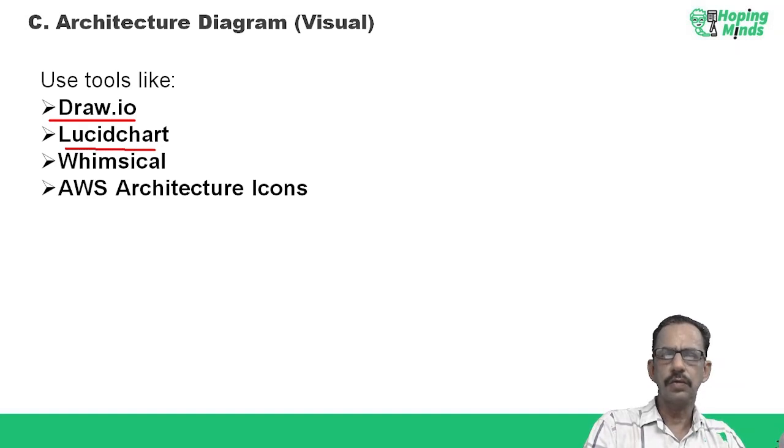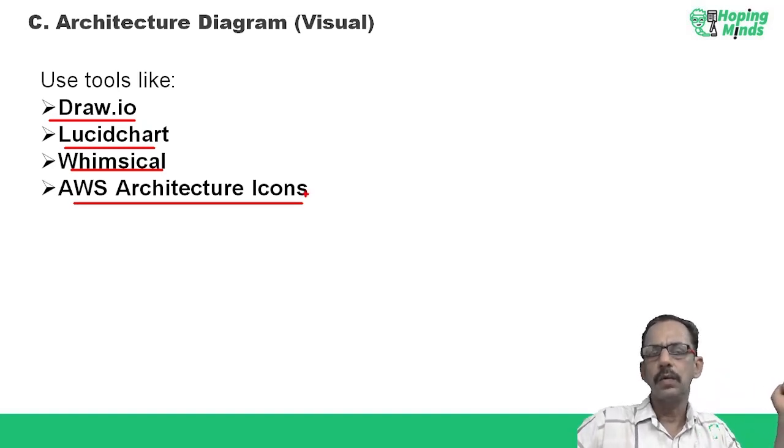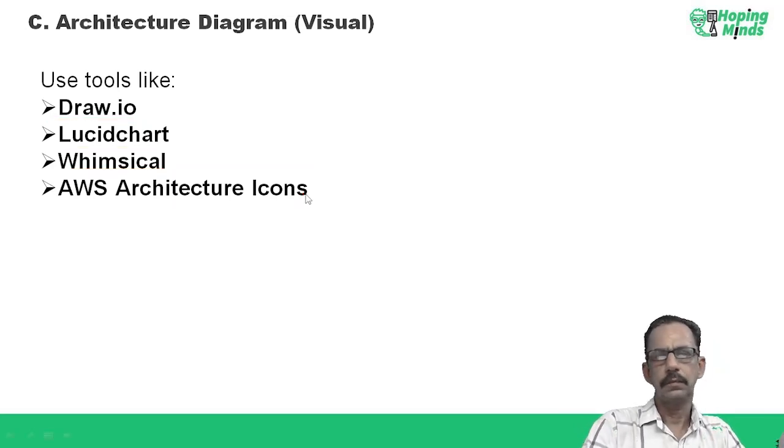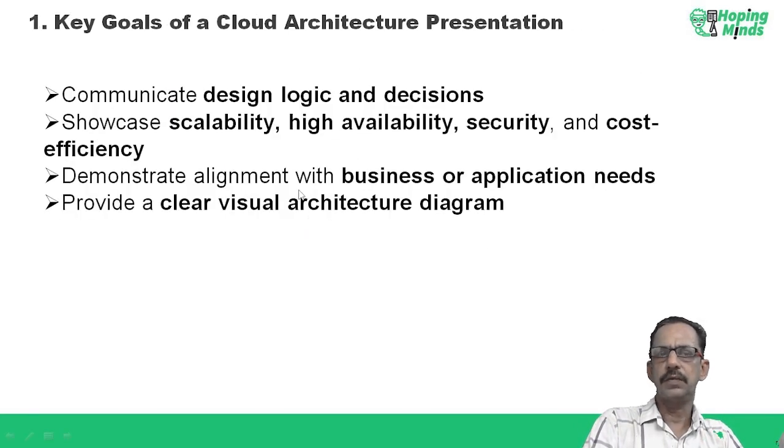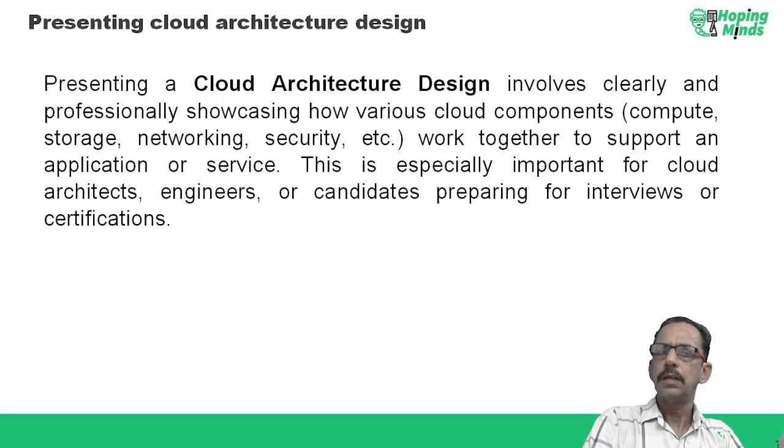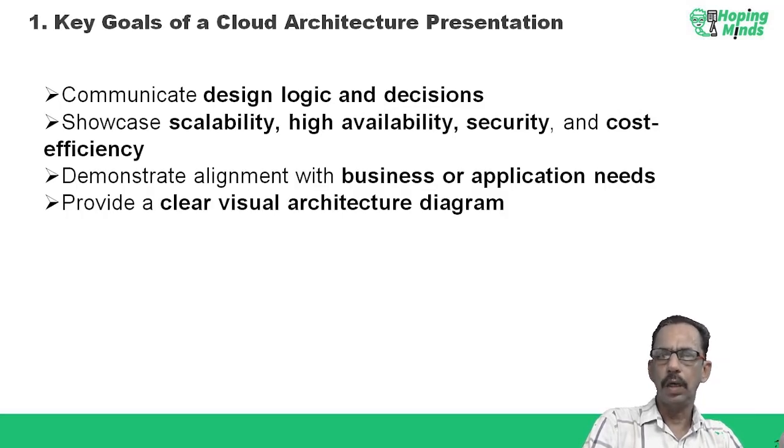Otherwise Lucidchart is also good, and Cloudcraft is also good, with the official icons of AWS given by Amazon. Remaining, we have discussed everything: what is the requirement of cloud architecture design, then the key goal, why we require cloud architecture presentation, to showcase scalability, high availability, security, and cost efficiency.